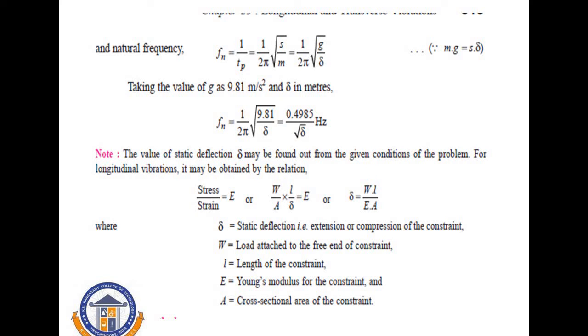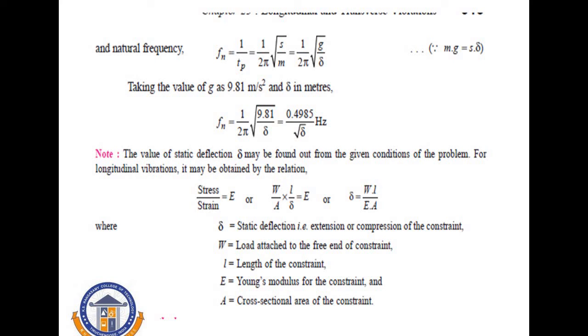The value of the static deflection delta may be found out from the given conditions of the problem. For longitudinal vibration, it may be obtained by the relation stress by strain equal to E. This is a common equation where the stress is expressed in terms of load by area and the strain is equal to change in length by original length.